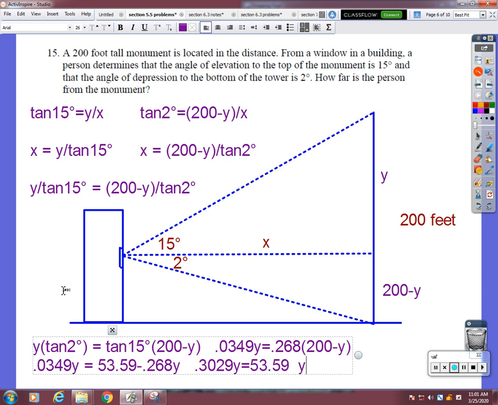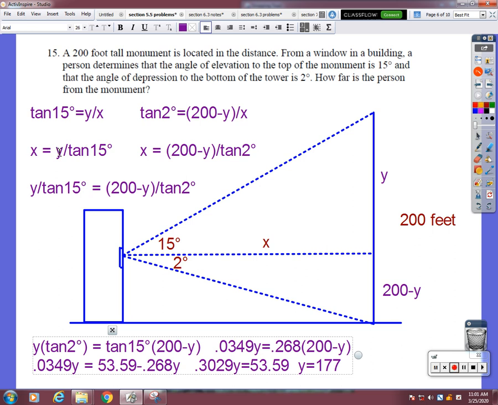So then we're almost there. Figure out what y is. I can divide both sides by that. So 53.59 divided by 0.3029 equals about 177. Okay. Alright, but that's not what we want to know. We want to know what this distance is, but that's easy now that we know that. We can just take that and plug it into one of these two things here.